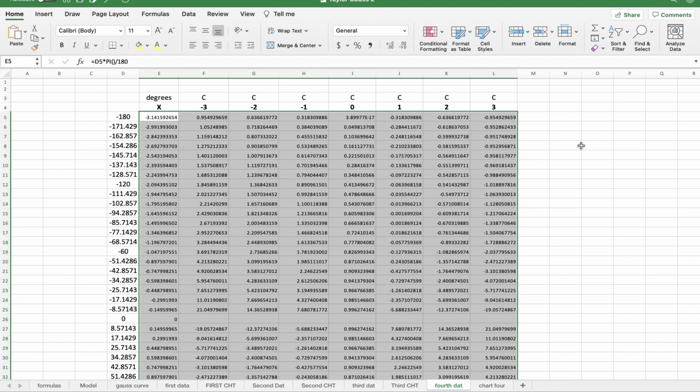So I plotted the function between minus 3.14 or minus 180 degrees. For the different functions that I plotted between, let's take a look.